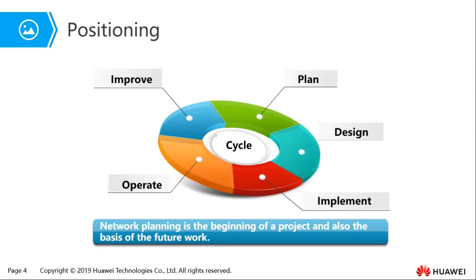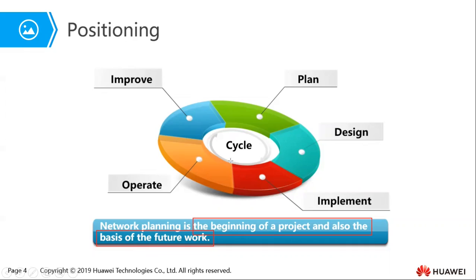So let's begin with the overview. As I mentioned already, network planning is the very beginning of a project, and also is the basis of the future work. So all the future phases really are tied down to the network planning phase.